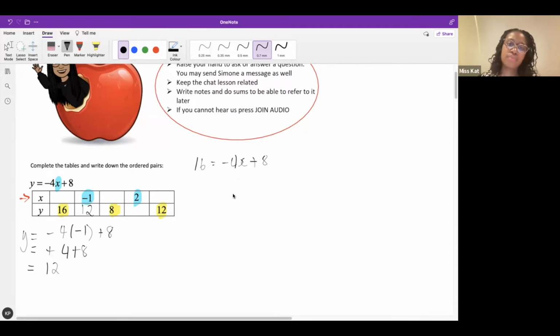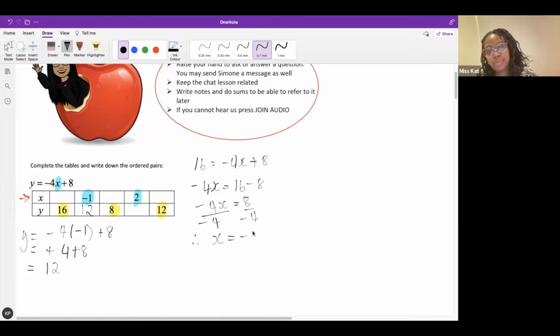Then -4X equals 16 minus 8, and then -4X equals 8. And then you're going to divide each side by -4, and therefore X is equal to -2. Beautiful. We have a -2 over there.